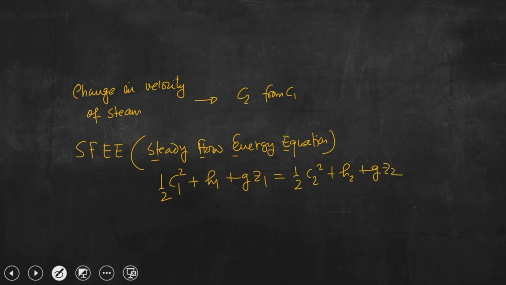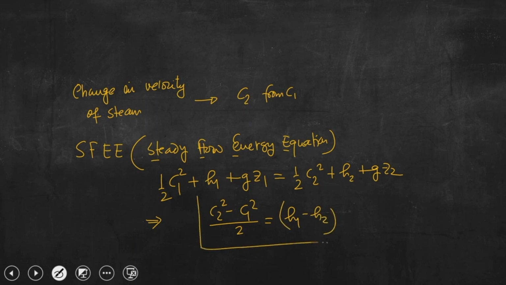As we assume that the nozzle length is short, the change in elevation can be neglected. So, we are left with C2 square minus C1 square divided by 2 equal to H1 minus H2. We can see from this equation that we have this change in velocity at the cost of the enthalpy drop, right.